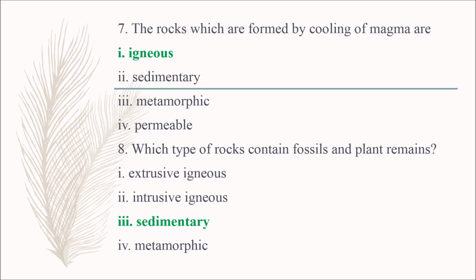So the correct answer is option 1, igneous. Question number 8. Which type of rocks contain fossils and plant remains? Option 1, extrusive igneous; option 2, intrusive igneous; option 3, sedimentary; option 4, metamorphic. So the correct answer is option 3, sedimentary.